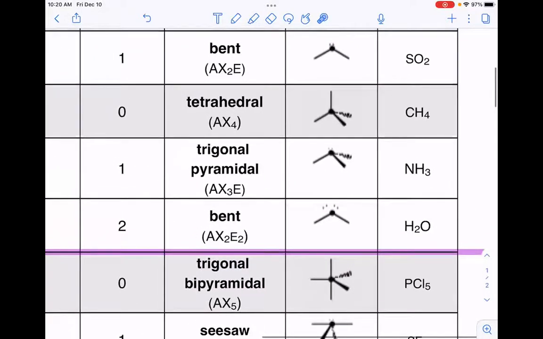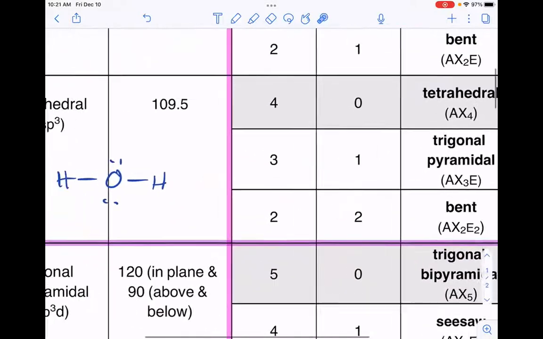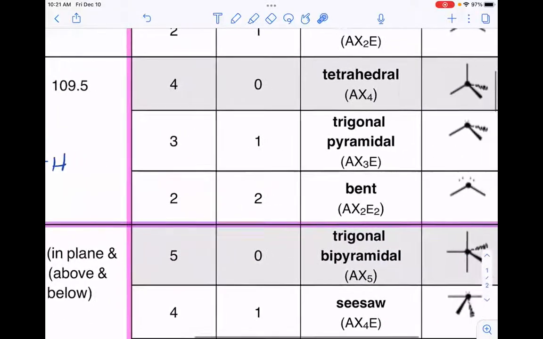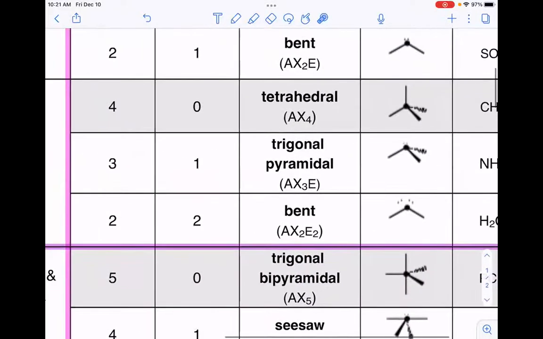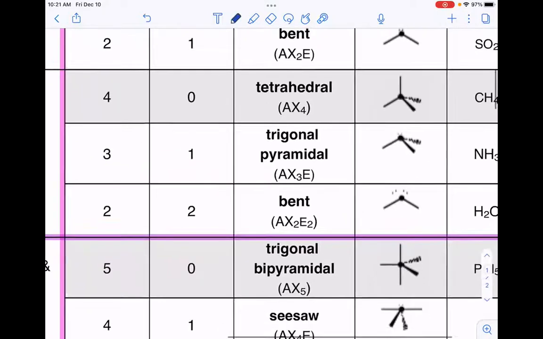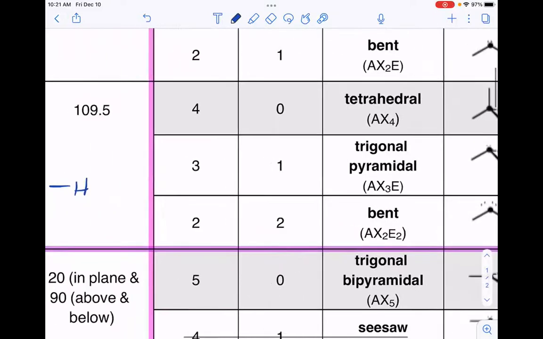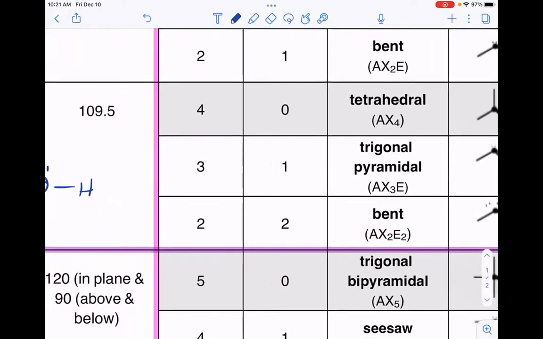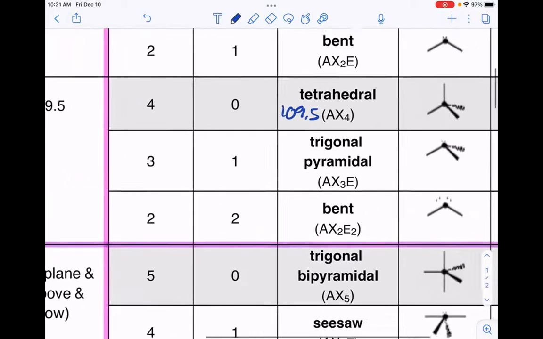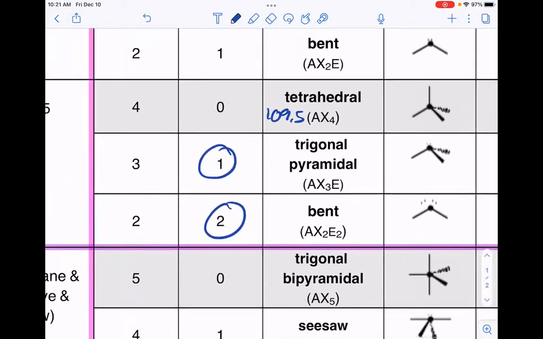And then the bond angle for anything, let's see here. I don't think this page has it. And so since the bond angle for tetrahedral is 109.5, the moment that you guys have lone pairs present, then the bond angle is going to be less than the theoretical, which is less than 109.5.